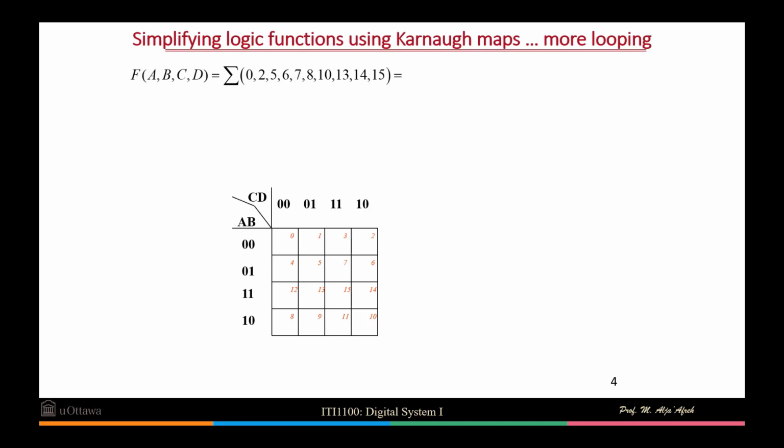So if you want to write this function in terms of the variables in the sum of products, what you have to do, guys, is this: 0 will be written as A prime, B prime, C prime, and D prime, plus that product term added to formulate the sum of products, A prime, B prime, C, and D prime, and so on.